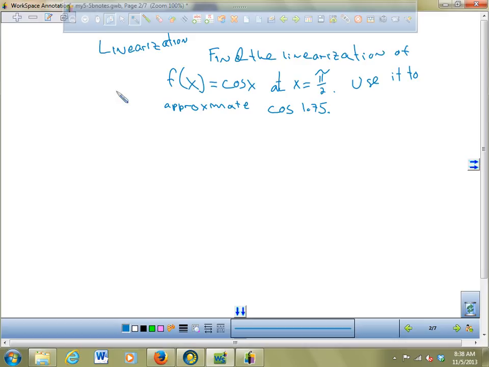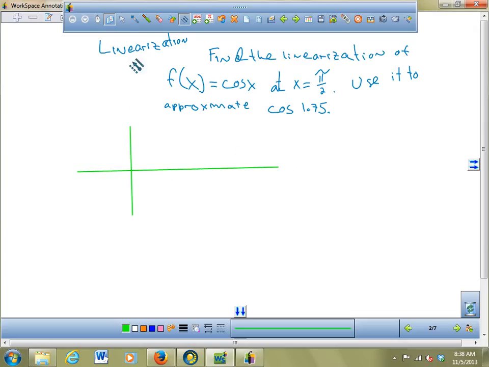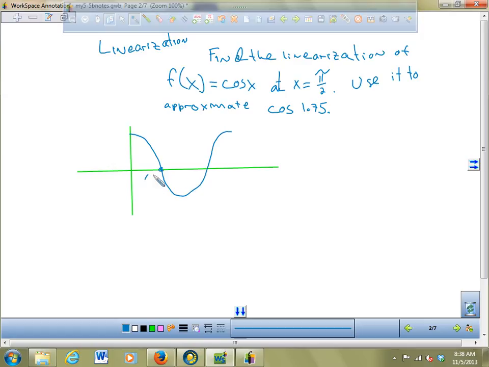Okay, so I think you'll see in this example. It's the same, but it's different. So y equals cosine x, you should know, kind of looks like this, right? It goes like this, and at pi over 2, it goes through 0.